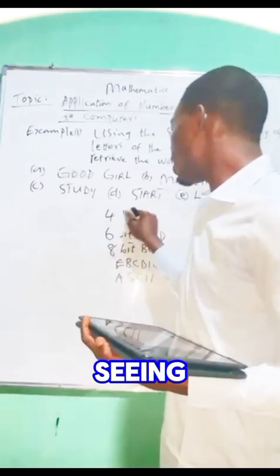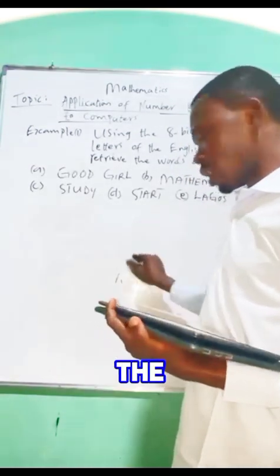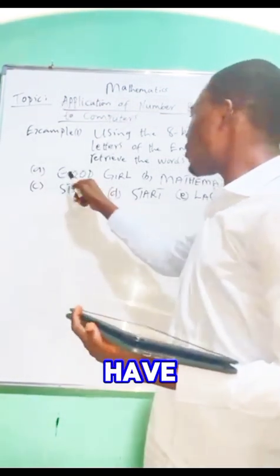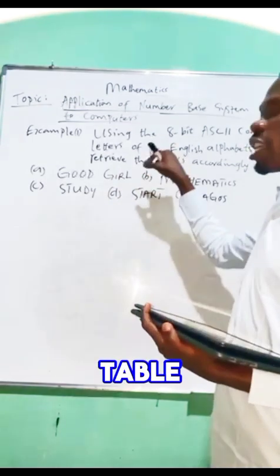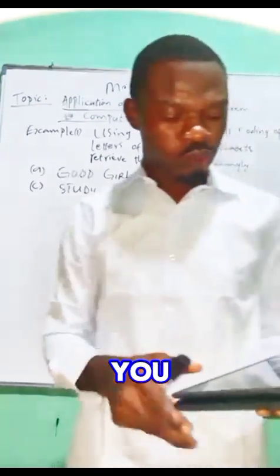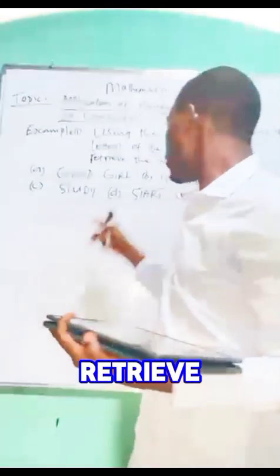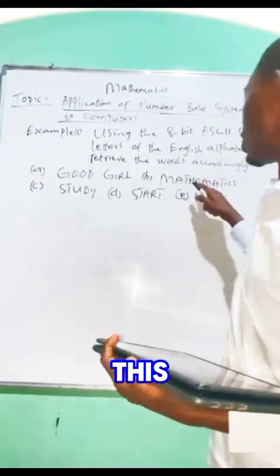Just like the question you are seeing on the board here, we have the first A is good girl. We're going to use this table that I just showed you to retrieve this word, good girl. This table can also be used to retrieve the word mathematics.